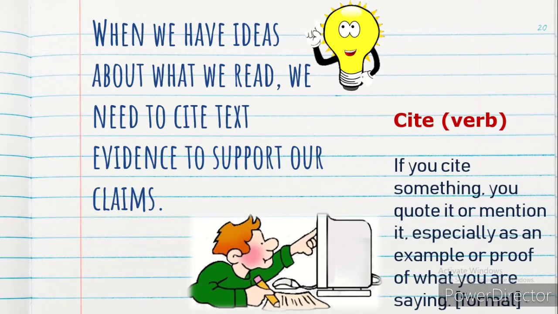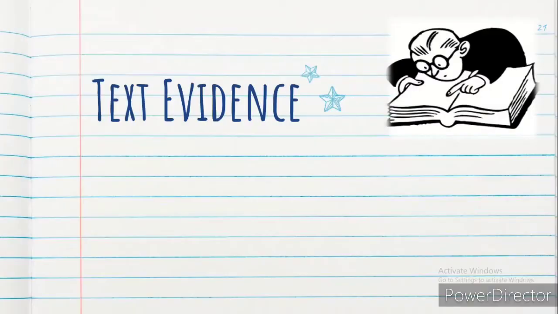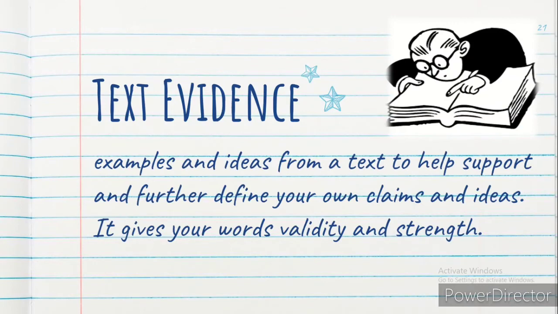Cite is a verb, and if you cite something, you quote it or mention it, especially as an example or proof of what you are saying. Text evidence: these are examples and ideas from a text to help support and further define your own claims and ideas. It gives your words validity and strength.